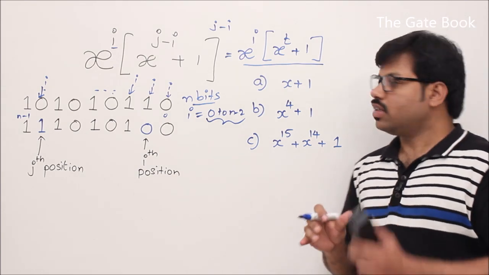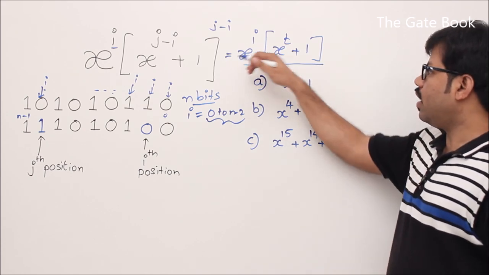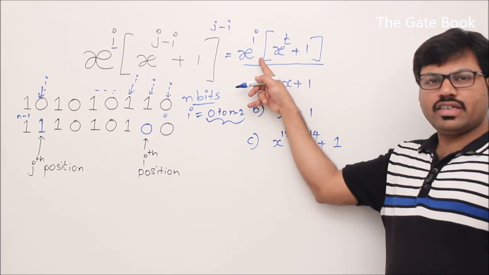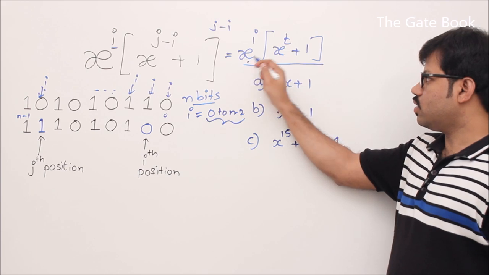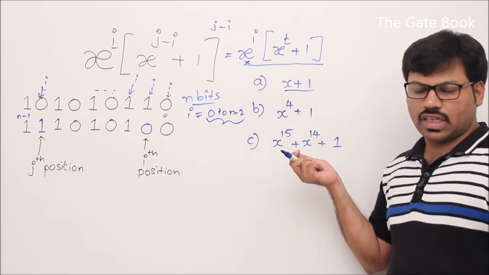Now the question: what kind of generator do we have to take so that this polynomial cannot be divided? Remember always one thing: if the error polynomial gets divided, we can't identify the error. So the error should not be divided by our so-called generator polynomial, right?